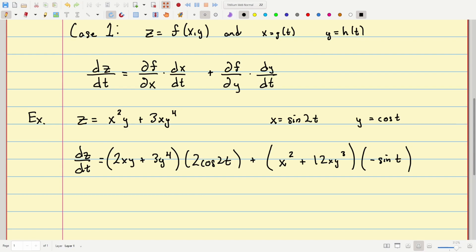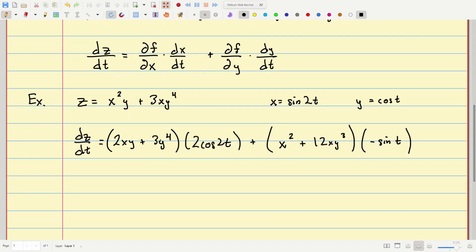Make sense? Okay. The next step now would be if we wanted to set everything up for us to plug stuff in.